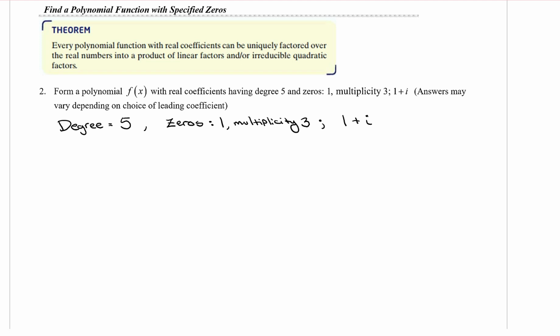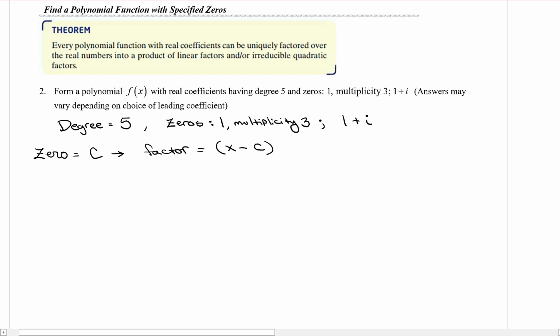So if we're trying to form this polynomial with real coefficients, I need to write out all the zeros that I have, and then I can write out the factors. If I know I have a zero, and let's say that zero is equal to c, then I have to have a factor that's equal to x minus c. We talked about this in the factor theorem that we covered in our last section.